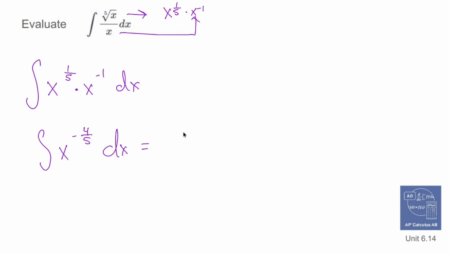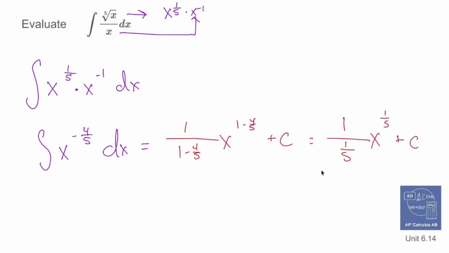Integrating that is going to look like this. 1 over 1 minus 4/5 x to the 1 minus 4/5 plus some arbitrary c. So that's going to be 1 over 1/5 x to the 1/5 plus arbitrary c. Flip that upside down, you get 5. Turn that into the 5th root of x again, plus c.